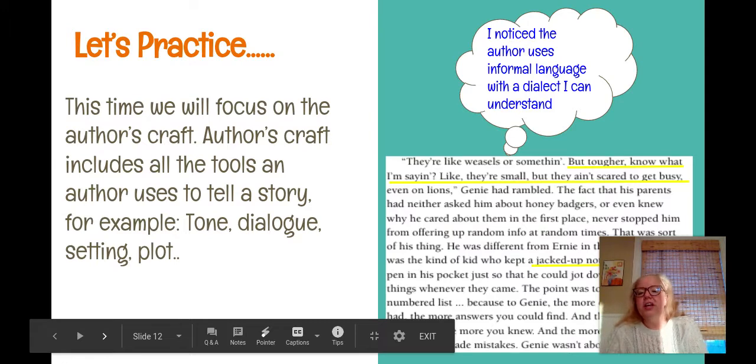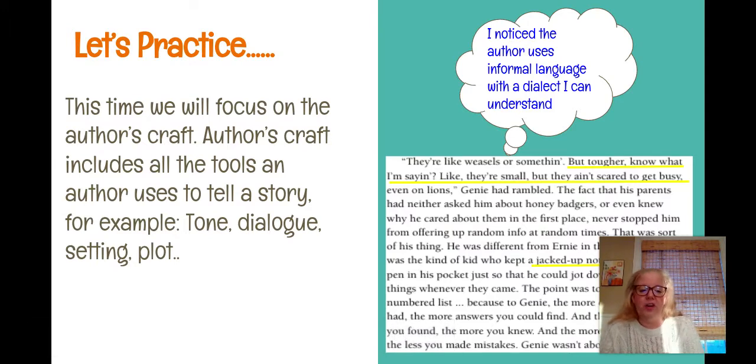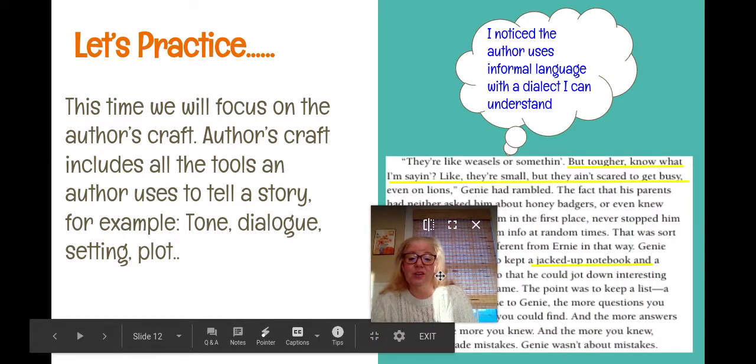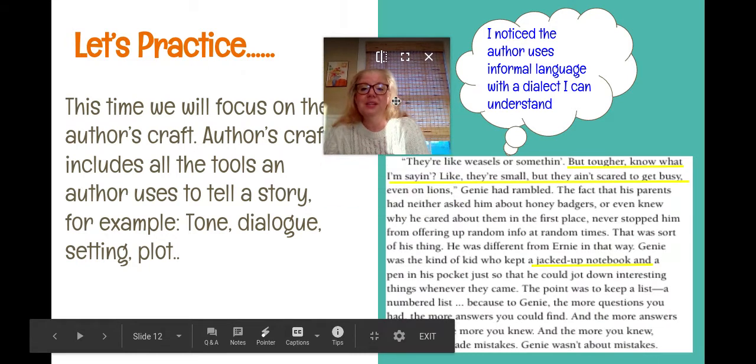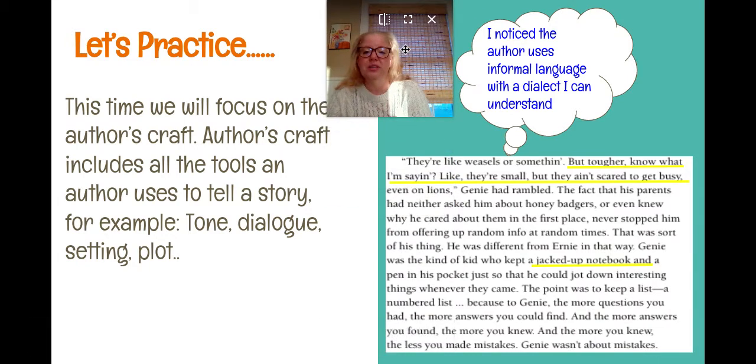Now we're going to look a little bit closer at author's craft. So this is, how does Jason Reynolds write his story? What does he use when he is writing? What tools does he use? It might be dialogue. It might be the setting, the plot, the tone, or how the story feels. And I noticed that Jason Reynolds uses informal dialect.